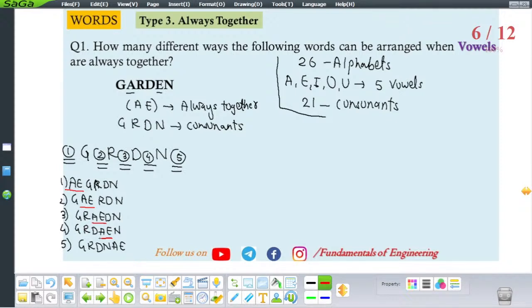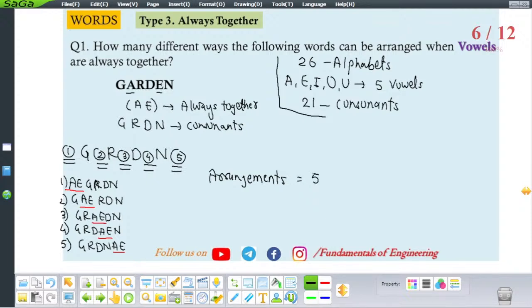Now we can count the possible arrangements. There are 5 different places where we can put the AE letters, so we get 5 factorial ways.